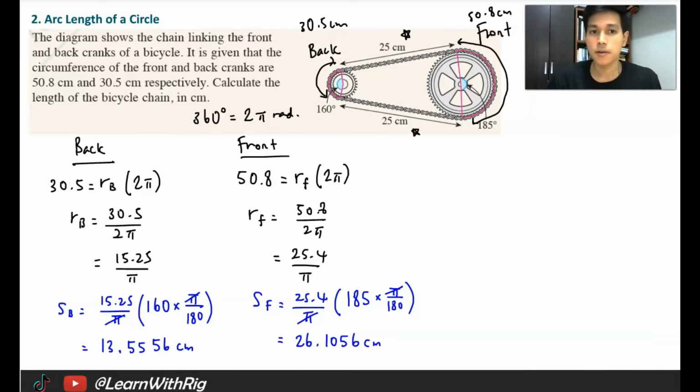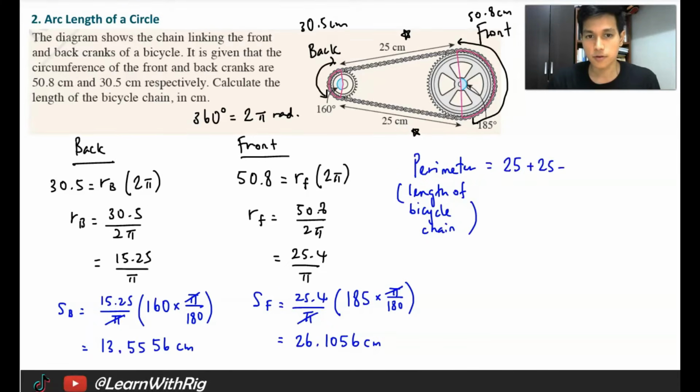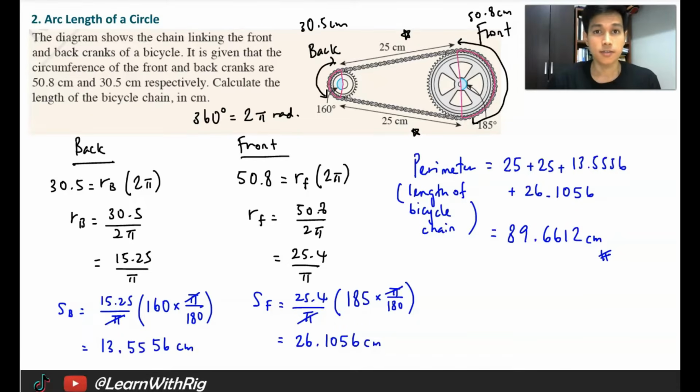Calculate the length of the bicycle chain, so it's basically asking for the perimeter. The length of the bicycle chain is the perimeter, equals 25 plus 25 plus 13.5556 plus 26.1056. So you get your final answer 89.6612 cm. So this is your answer.